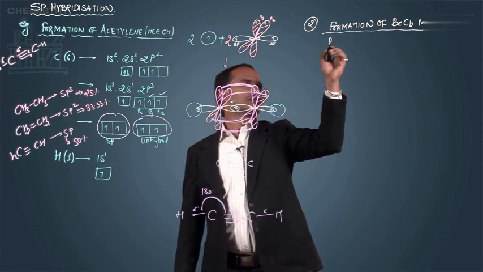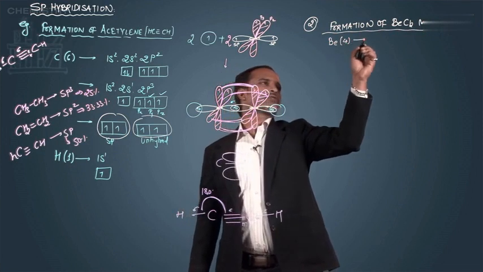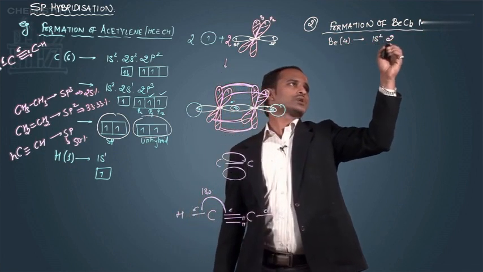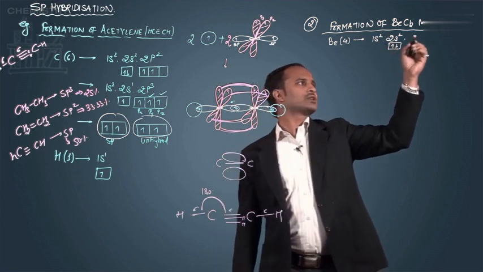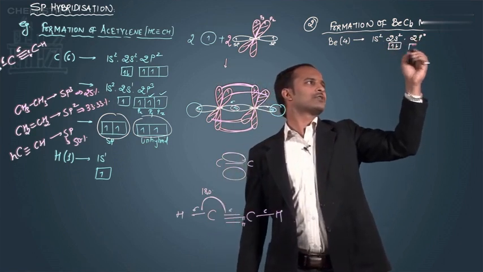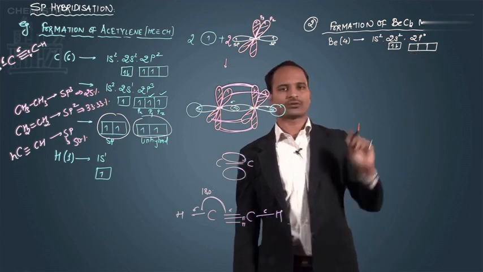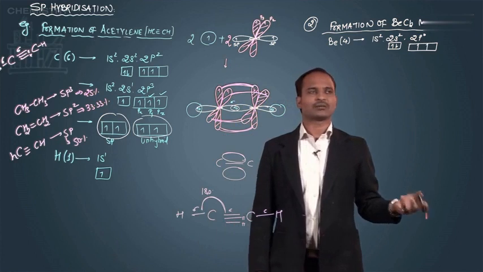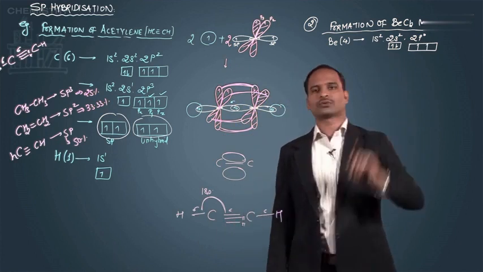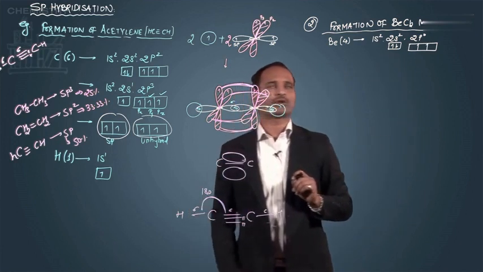So let's see, beryllium, whose atomic number is 4, has electronic configuration 1s2, 2s2. That means there is no unpaired orbital. There is also a 2p orbital, which has no electron. I write p because the next step is the excited state, where the electron will be excited to the 2p orbital.